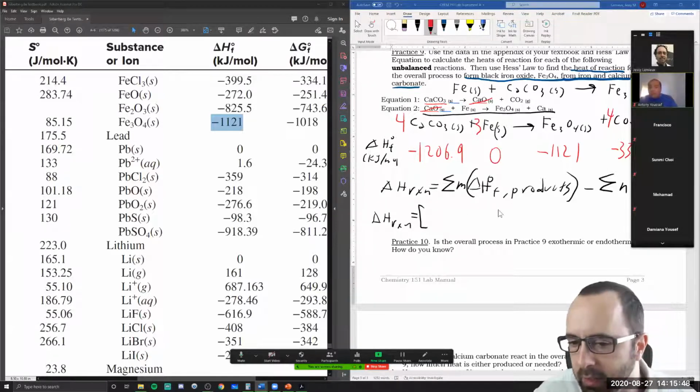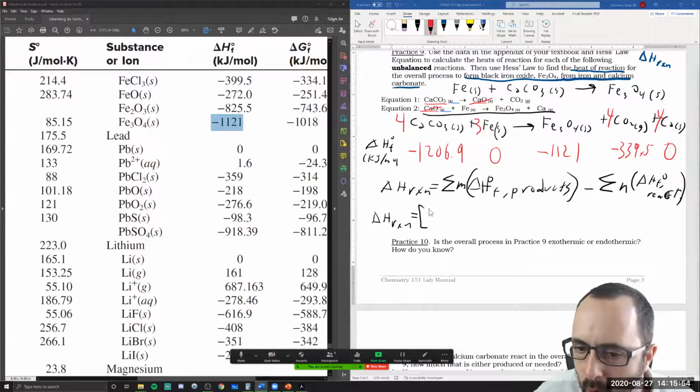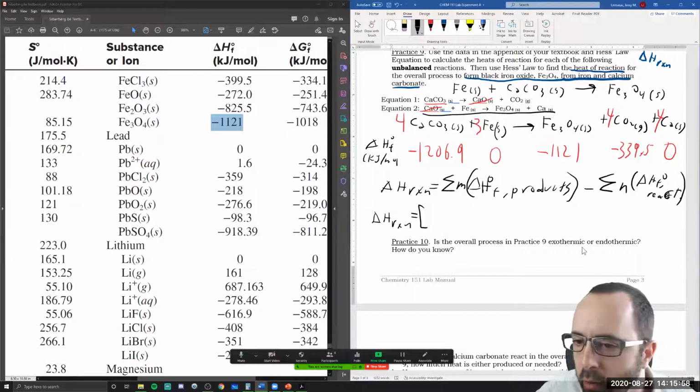So let's go ahead and continue now. We're going to do the products here. For our black iron oxide, as they call it, we'll have 1 times negative 1121. 1 because I didn't write it, but there's a 1 here in the balanced equation.